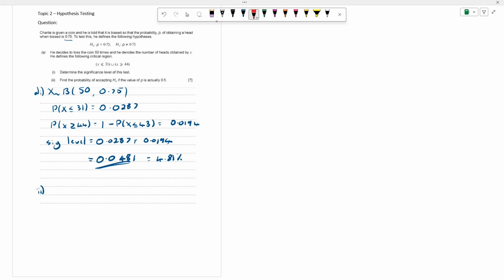Now, for the next one, find the probability of accepting H0 if the P is actually 0.5. So I'm going to use P as 0.5 here.